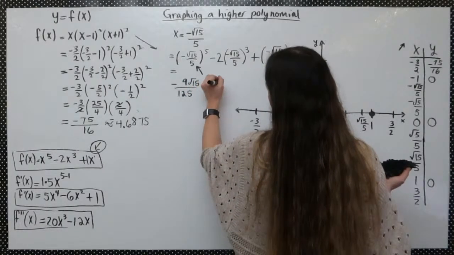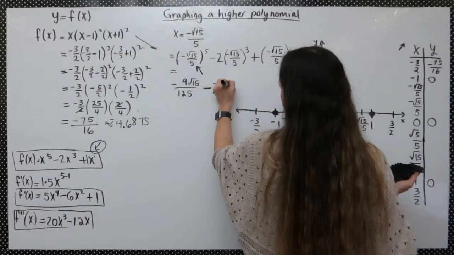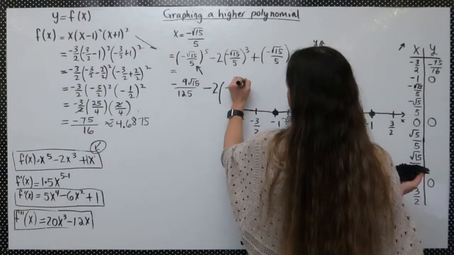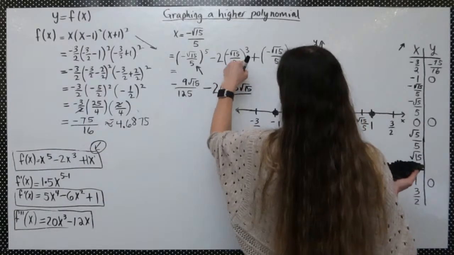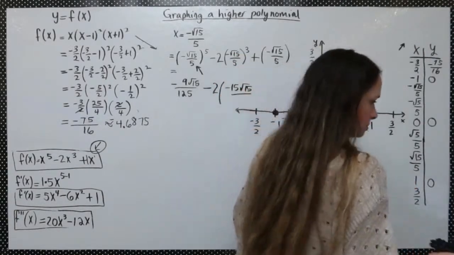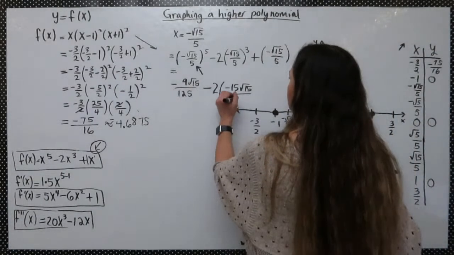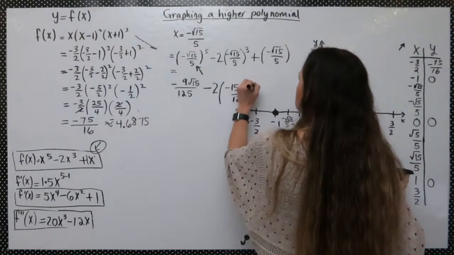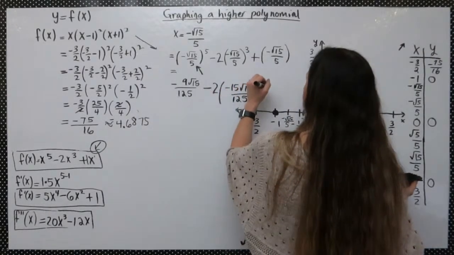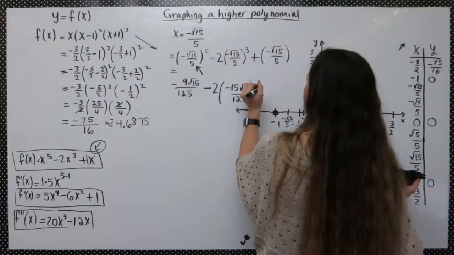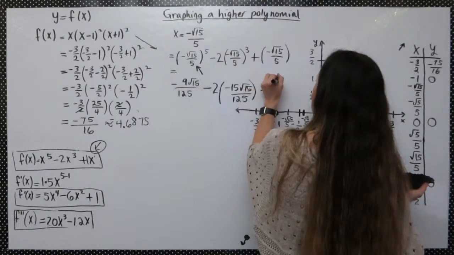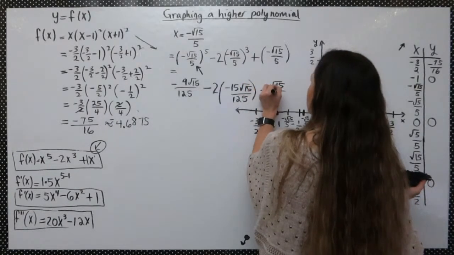So we got negative 2 times negative 15 radical 15 over 5 cubed, which is 125. Which is nice because I so far have the same common denominator, but this one's going to throw a monkey wrench, which is negative radical 15 over 5.